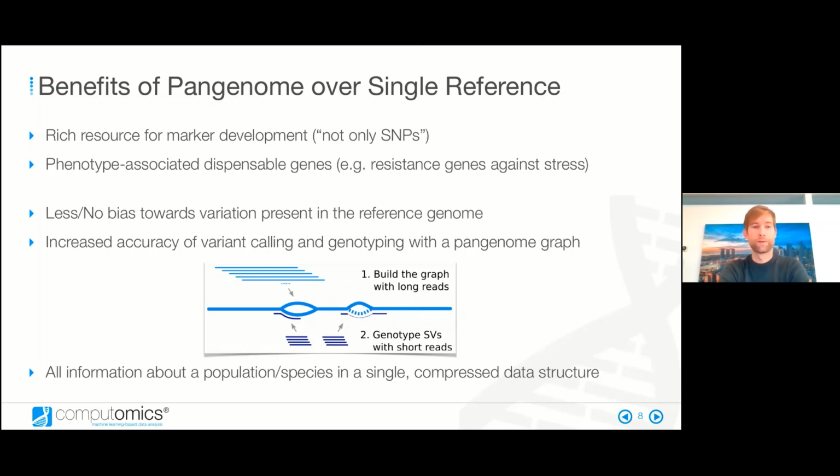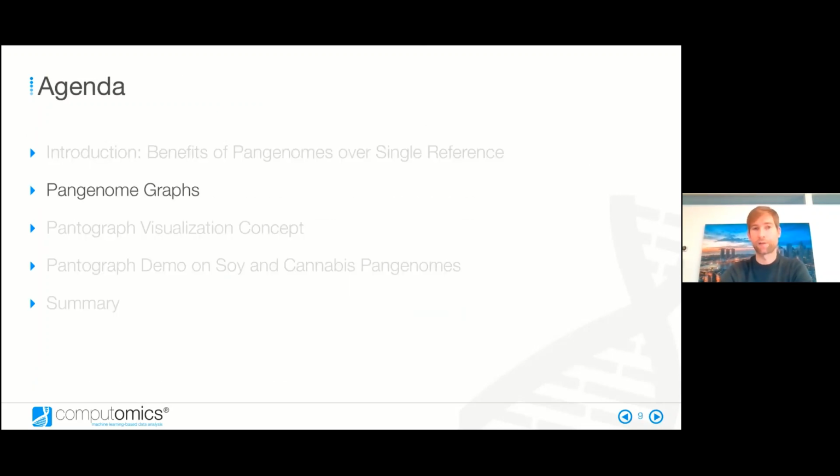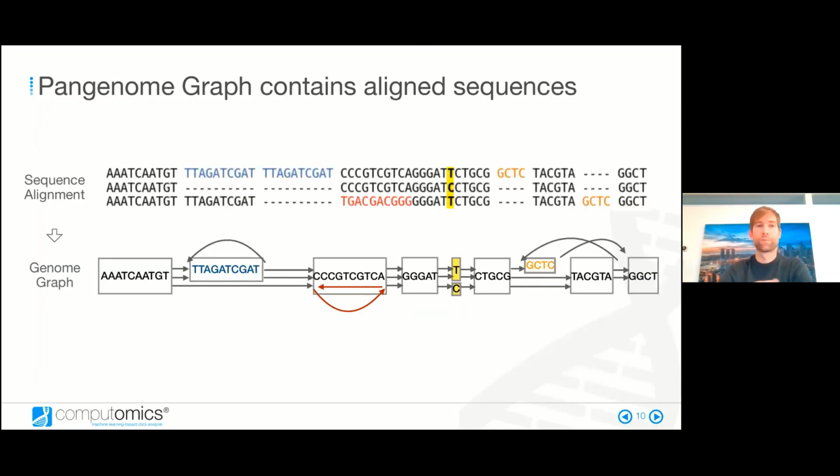And finally, for a pangenome, if you store multiple individuals, you have all the information about this population or species in a single data structure. And this data structure can of course be compressed, and that is typically nowadays a pangenome graph.